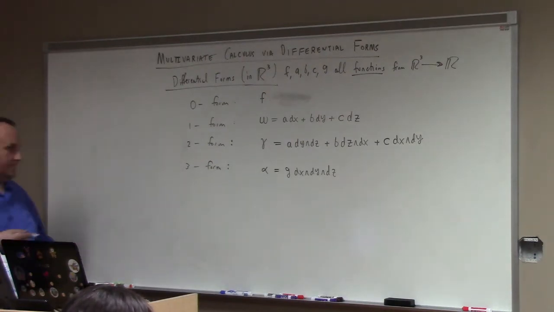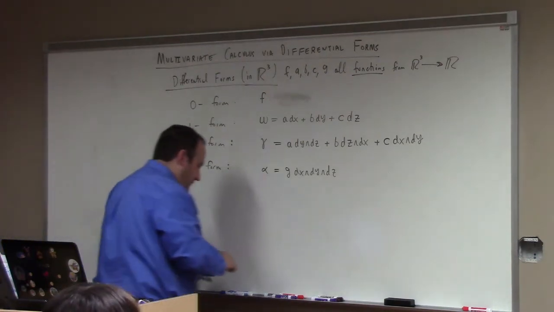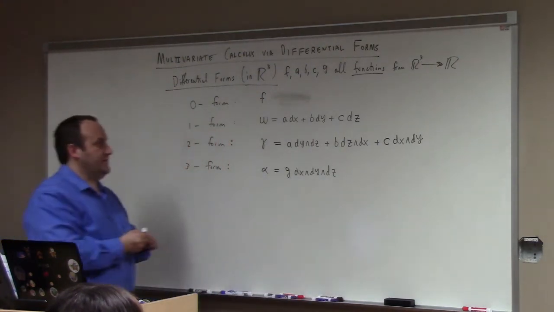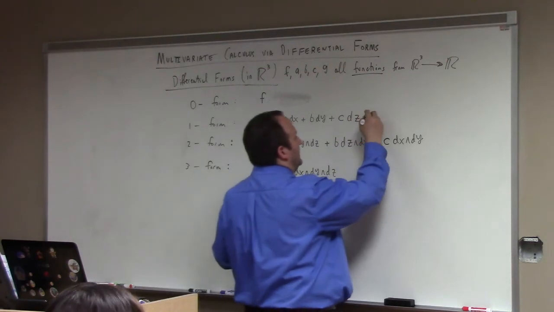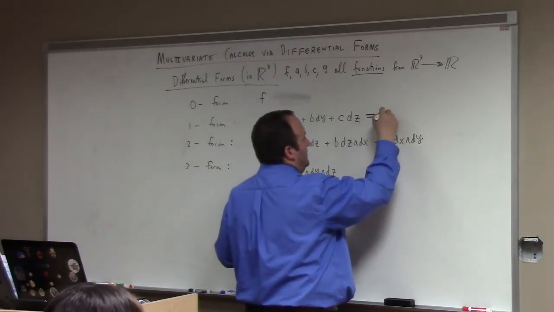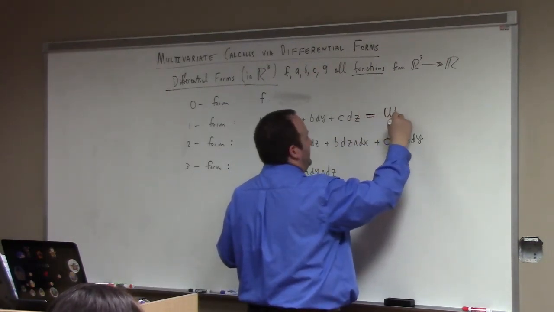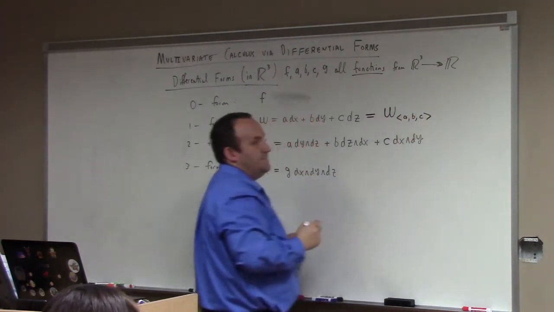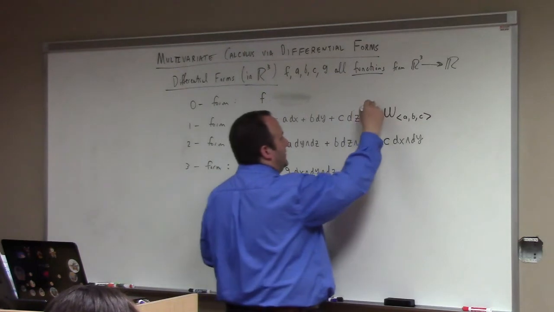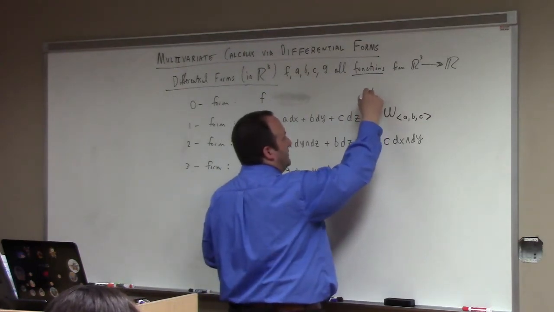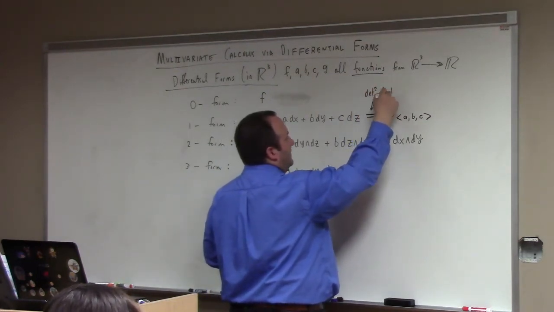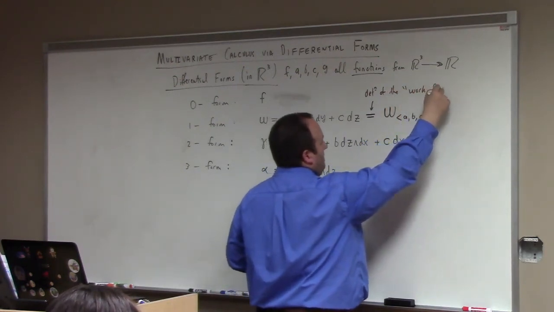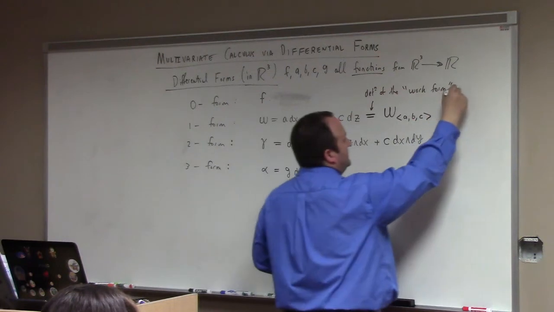Now, let me introduce at this point a couple of important notations for us. This is the so-called work form mapping. This is actually omega of the vector A, B, C, and this equality I wrote here defines the so-called work form correspondence.